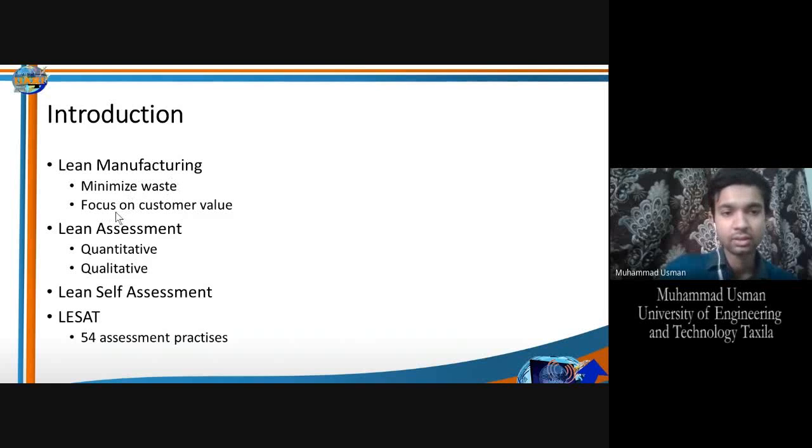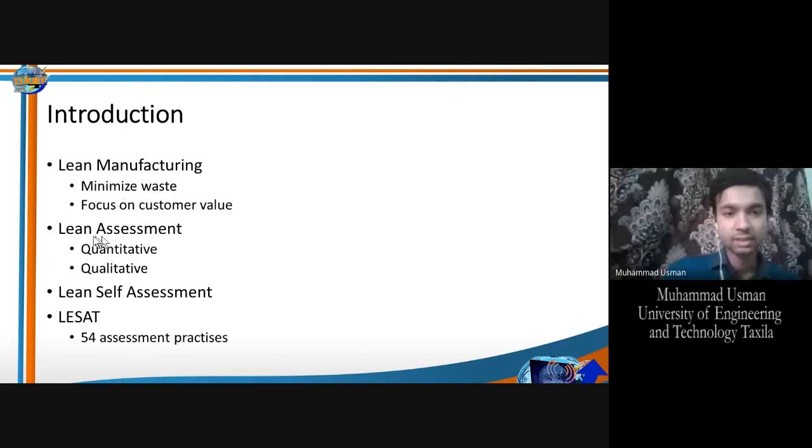It is also focused on customer value because the customer defines the value of the product. Therefore, the basic concept of lean manufacturing is to avoid and minimize all those objectives, methods, and processes that contribute nothing.